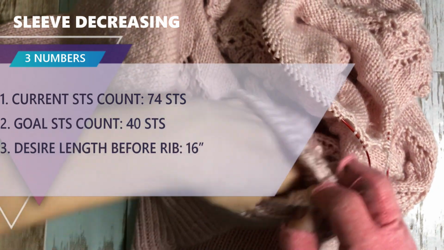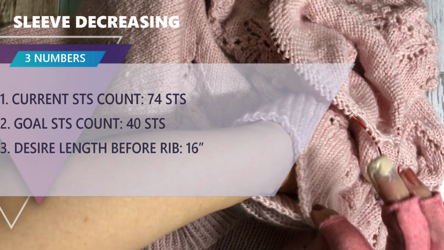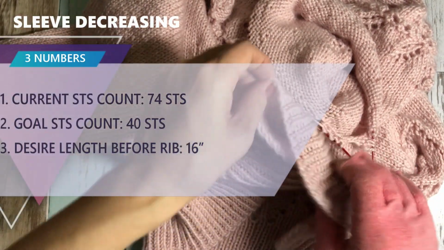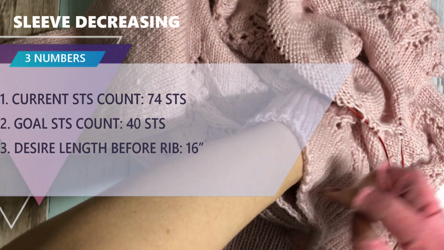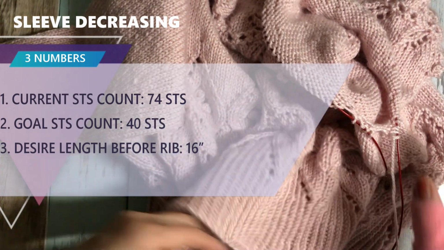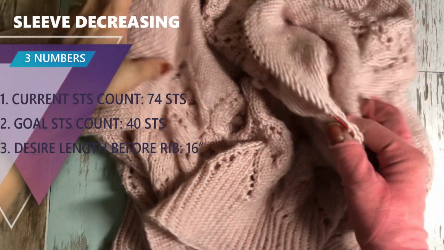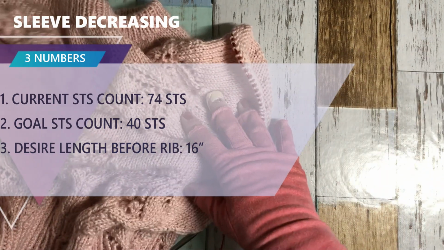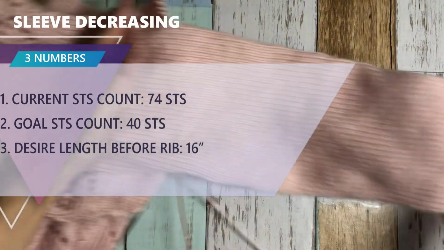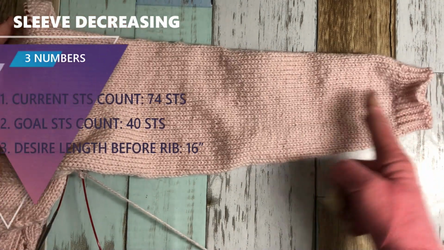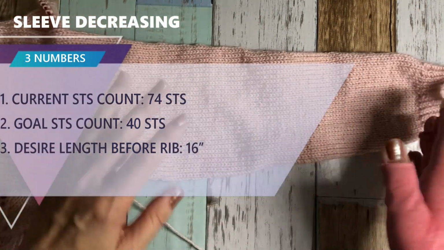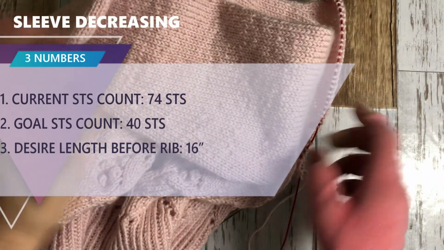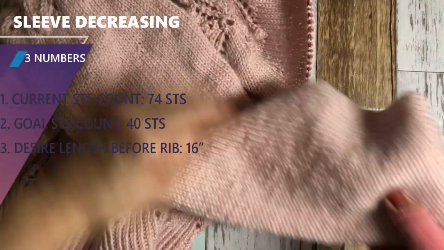Number 2, goal stitch count, wrapping around with the body rib and count. My goal stitch count for the wrist is 40 stitches. Number 3, desired length you want to knit before the rib. From where you just connected to before the rib, how long do you want to knit? For me, 16 inches.